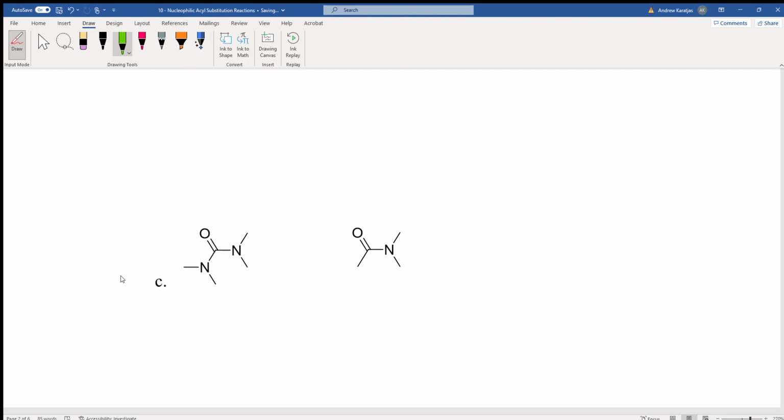And part C, we can't get away with talking about best leaving group because the leaving group's the same in both cases. But nitrogen, we know, is electron donating. Adding more electron donating groups makes the carbonyl a worse electrophile. And so with less electron donating groups, we have our slightly better electrophile.